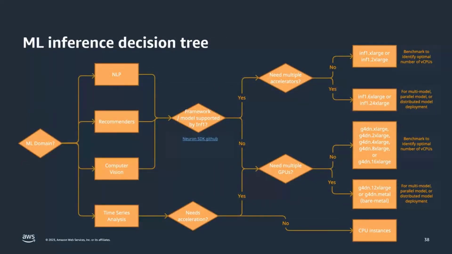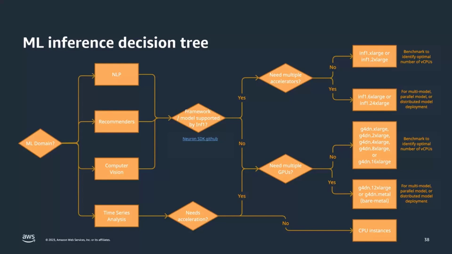So same thing, let's build up the decision tree for machine learning inference. Think about your domain, which domain it belongs to. After that, you check whether your framework or model is supported by INF1. If you are using PyTorch or TensorFlow, it's supported, and I highly recommend you use INF1. It can save your cost.